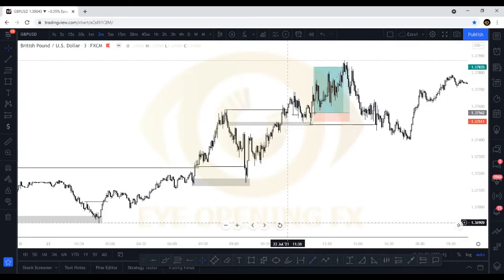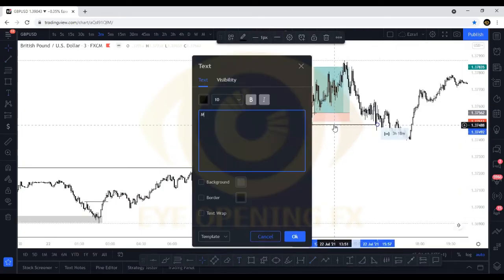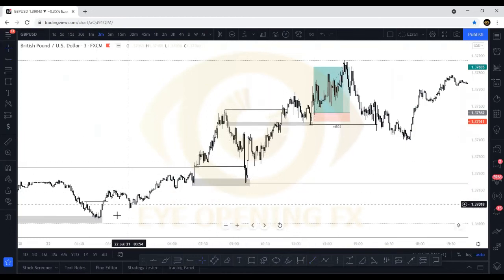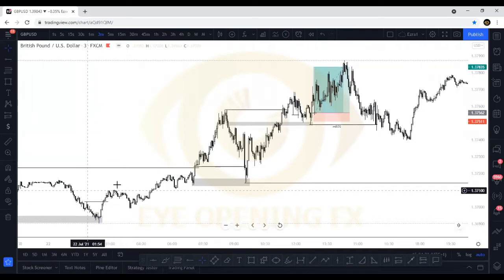Now since market has broken this minor structural range here, if market breaks this low, that means market is ready to take out the next external liquidity, which is the first low in this uptrend. So market has changed completely to the downside, to induce the primary or secondary point of interest.